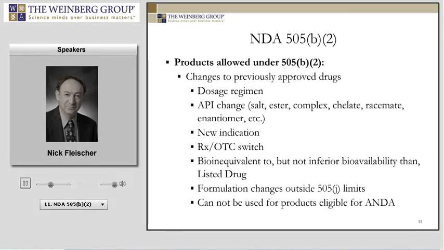Theoretically, that should be one that should be an ANDA, but because it has that difference, it cannot be an ANDA. But if it is identical and falls under all the requirements that would justify filing that product as an ANDA, then it cannot be filed as a 505(b)(2) NDA, and the FDA, in most cases, should refuse to accept that application as a 505(b)(2) NDA.